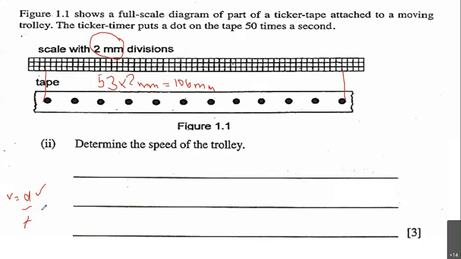Now the time, how do we find the time? Tell me how we find the time. 11 what? Number of spaces, right? We count 11 spaces. Good. I counted 11 spaces too.